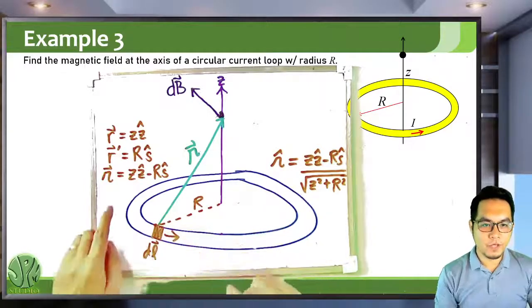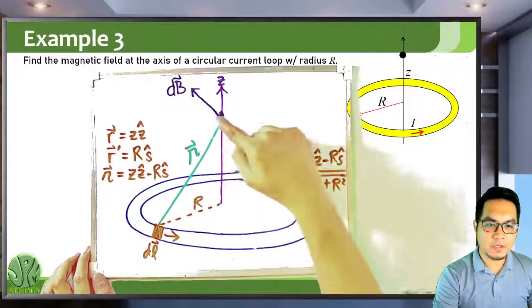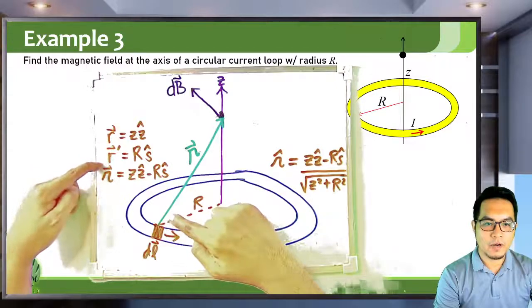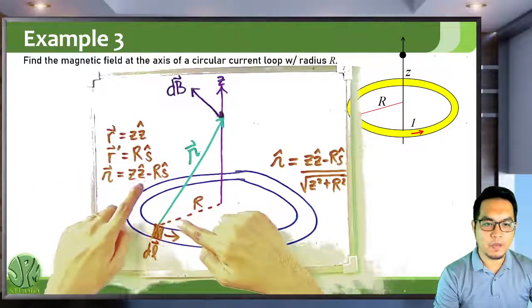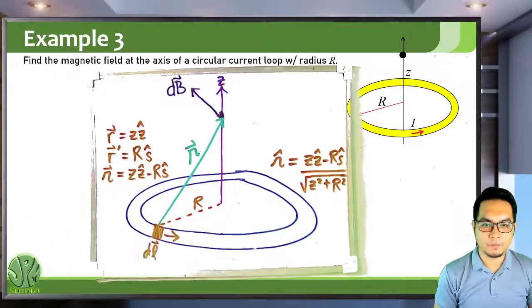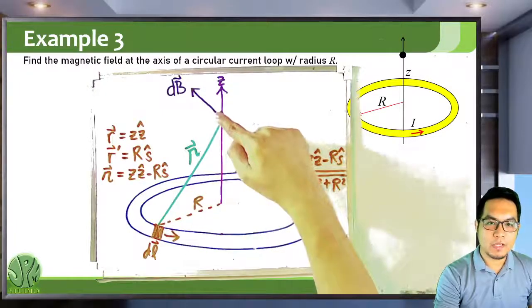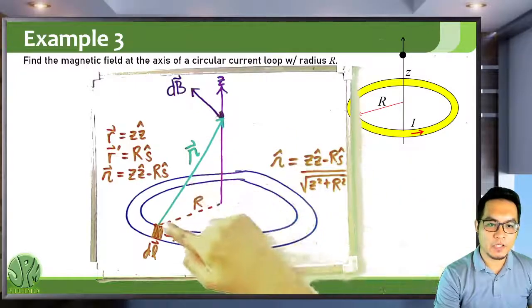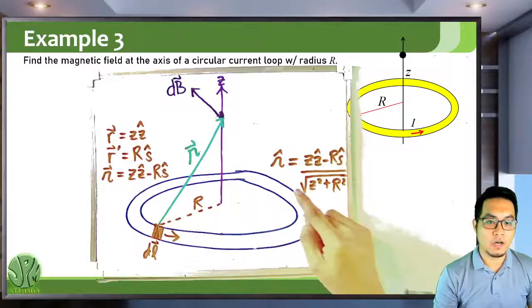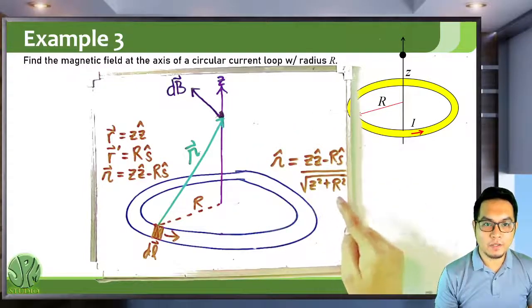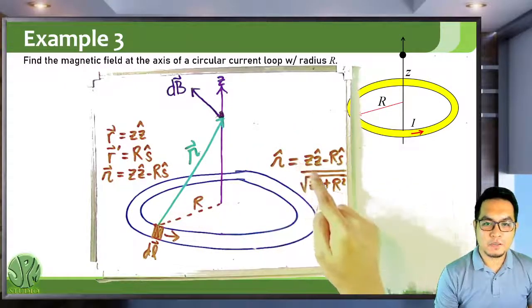So therefore, our separation distance vector, the curly r vector, is just r minus r prime, and you will get z z hat minus r s hat. And since the magnitude of this is, by Pythagorean theorem, just the hypotenuse, this is just the square root of z squared plus r squared. So the r hat vector, the unit separation distance vector, is given by this vector here.